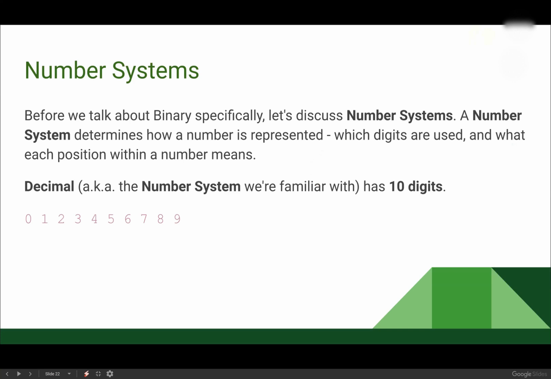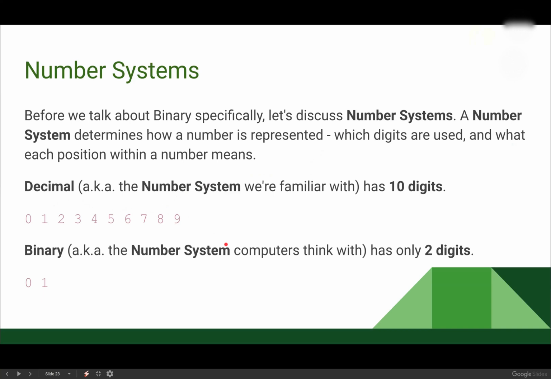We have 10 digits: 0, 1, 2, 3, 4, 5, 6, 7, 8, and 9. Binary, which is the number system that computers use, has 2 digits, 0 and 1. Notice that they both start at 0.